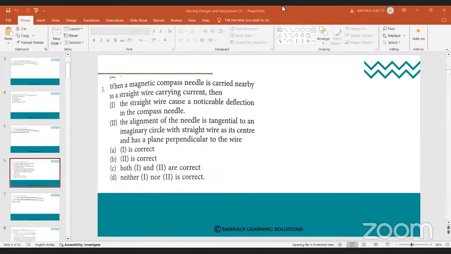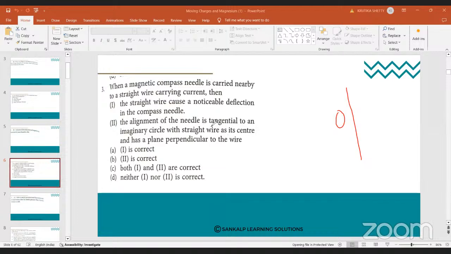The question says when you bring the compass needle near a current carrying wire, the compass needle shows deflection.